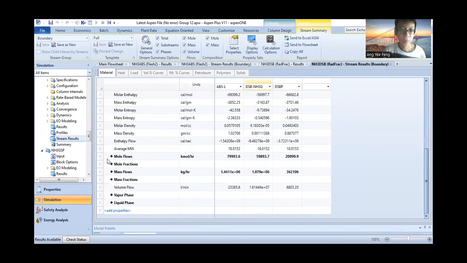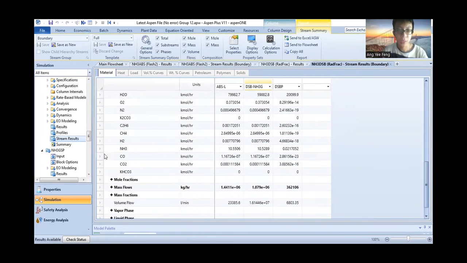The mole fraction of NH3 is also quite interesting, since we used the dissolver to extract the ammonia from the liquid to become gas again by using air. We successfully get 10.5482 of gaseous NH3 from the 10.5506 of liquid ammonia, and the rest will be purged, which is 0.0217052 kilomole per hour.